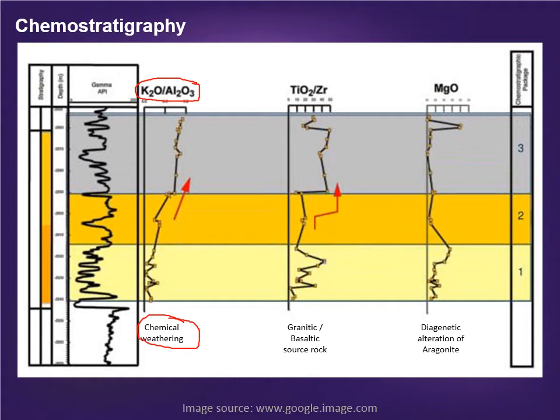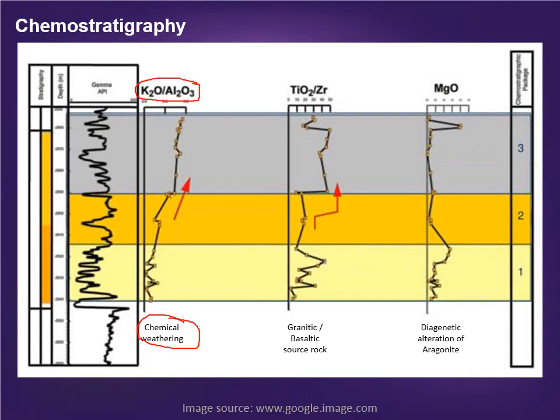Similarly, here the ratio between TiO2, titanium oxide, and zircon is plotted, and it shows that when the ratio of TiO2 by zircon is high, that indicates that the provenance rock is either a granitic rock or a basaltic rock. That means an igneous source rock is determined by the higher values of TiO2 and zircon. Again, you can see that in this gray colored portion, the ratio of TiO2 and zircon is high.